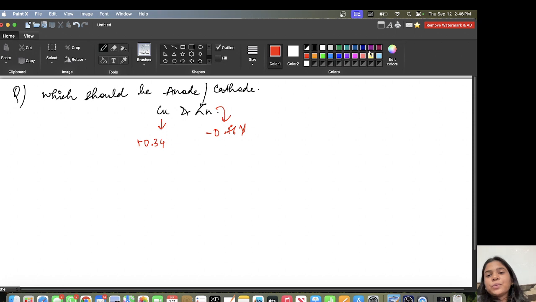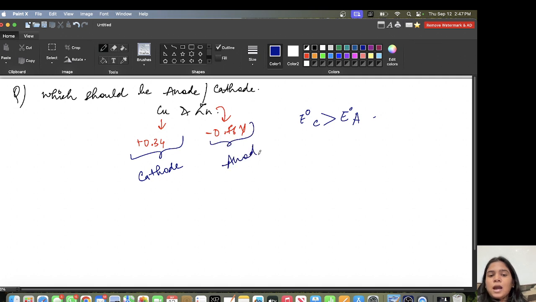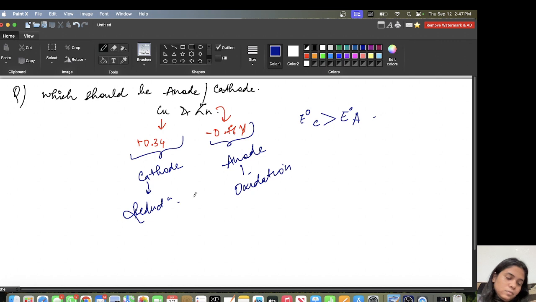If you have understood the previous topic, you know E naught of cathode should be greater than E naught of anode, right? So which one will be cathode here? Copper will be my cathode and zinc will be my anode. Anode undergoes oxidation in a galvanic cell and cathode undergoes reduction. Okay, this is my first application.